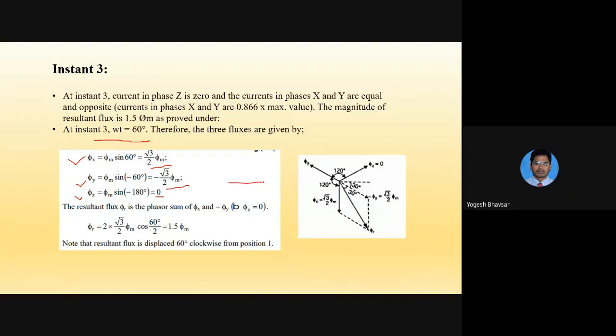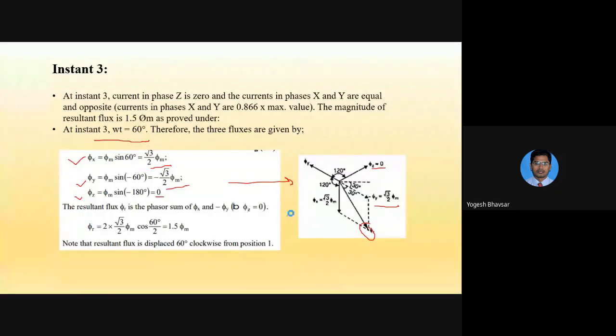When you put up in the phasor diagram, so phi x is root 3 by 2 phi m, phi y is minus root 3 by 2, so it is minus, so you have to take it here, negative of that phasor, phi z will be 0. So resultant in between phi x and negative of phi y, so it will be here. Now look at that. Now the complete angle will be 60 degree from the first position.